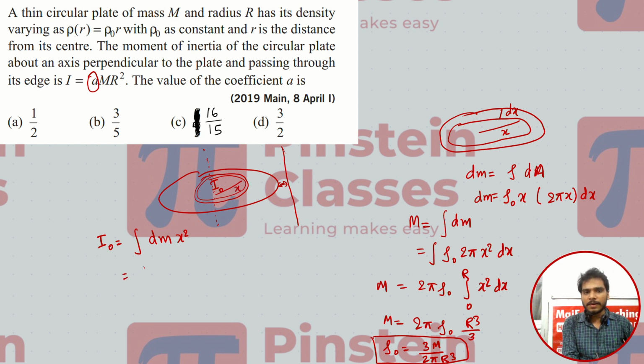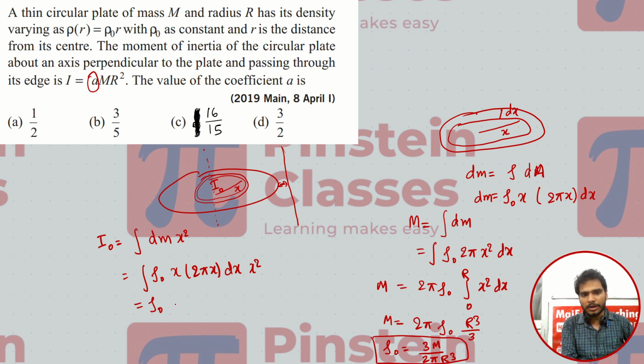So we will plug in the values, the value of dm, rho naught x, 2 pi x, and dx, times x square. We know the value of this rho naught, we will plug it in later on.